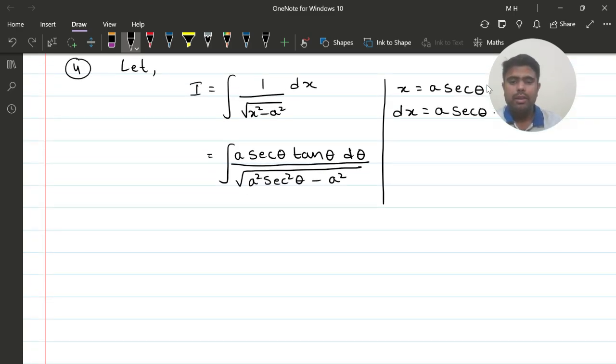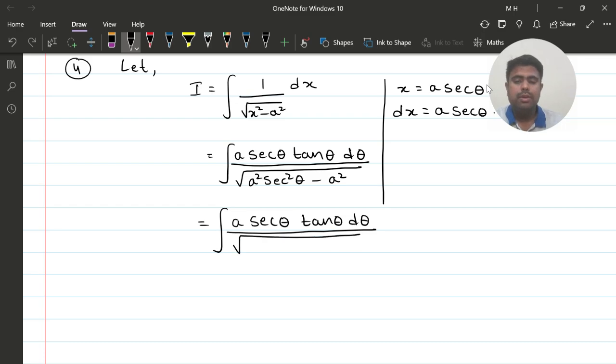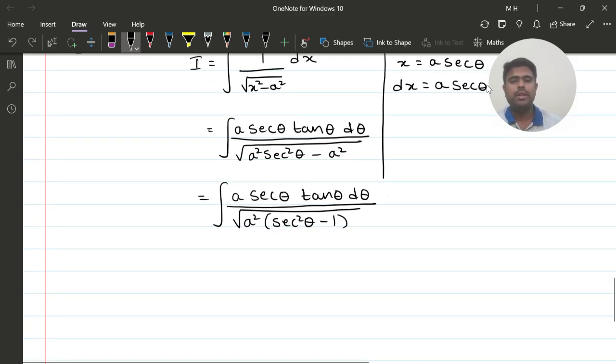So this would be the integral of a sec theta tan theta d theta divided by under root of, taking a square common, sec square theta minus 1.